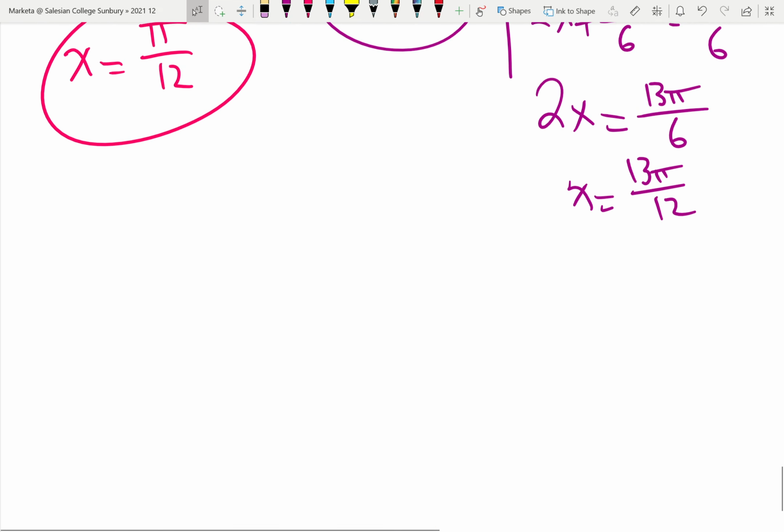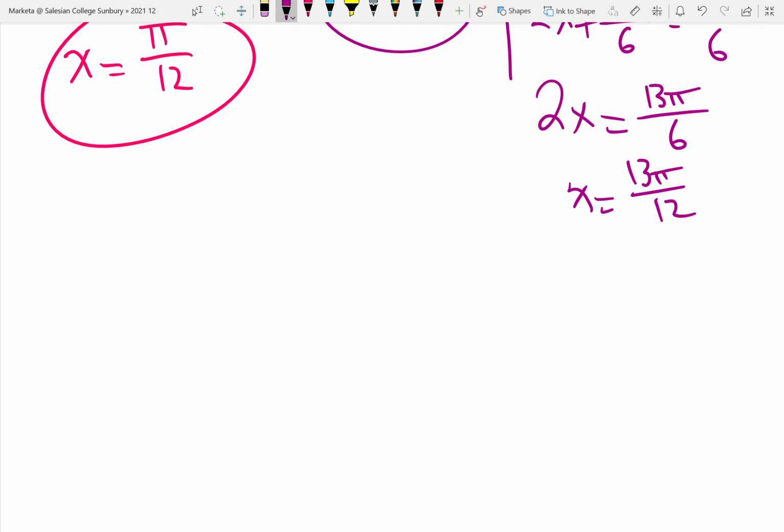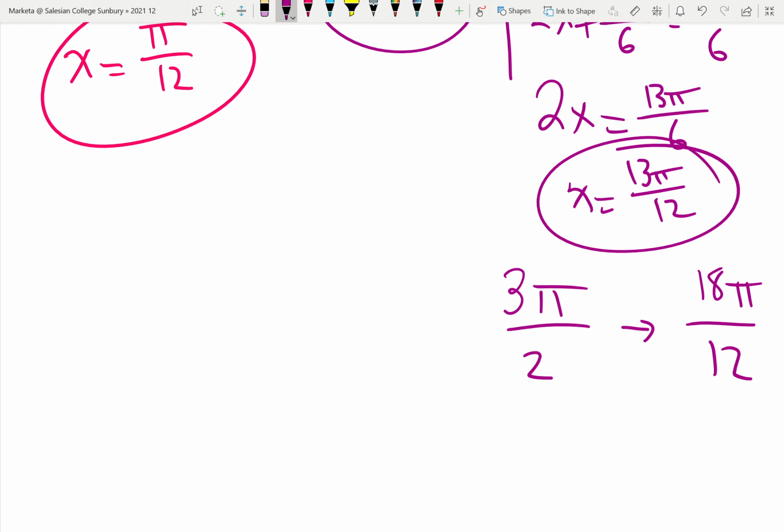So 3 pi on 2, 2 times 6, 3 times 6 is 18 pi on 12. So this is still within the domain, 13 pi on 12, and we can pop that straight in.